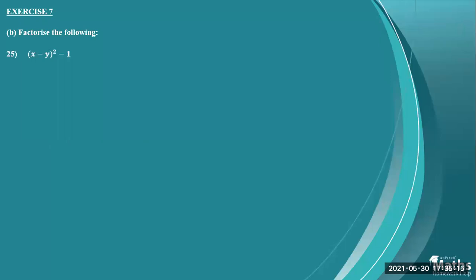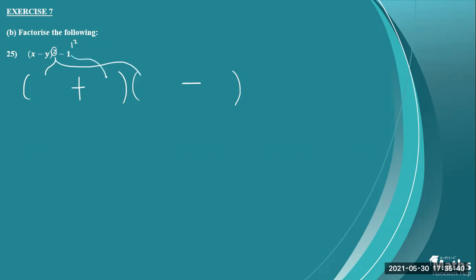Here we also sit with like a combined one where we sit with 2 brackets. So I see there's a square and I can write 1 as 1 squared. So it's like difference between 2 squares where I put a plus in the one bracket, minus in the other bracket. One bracket will go in there and 1 goes in there.